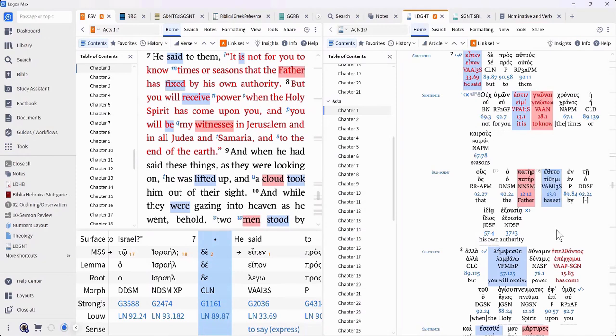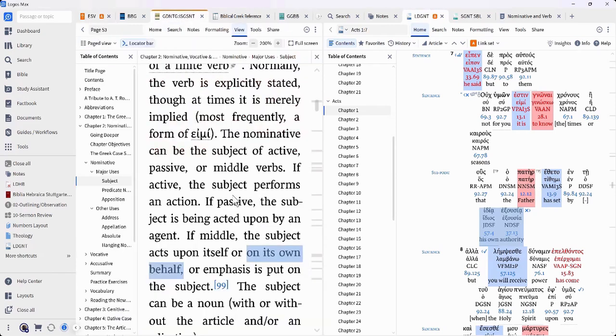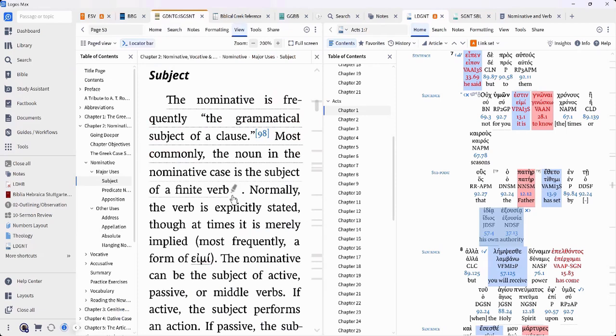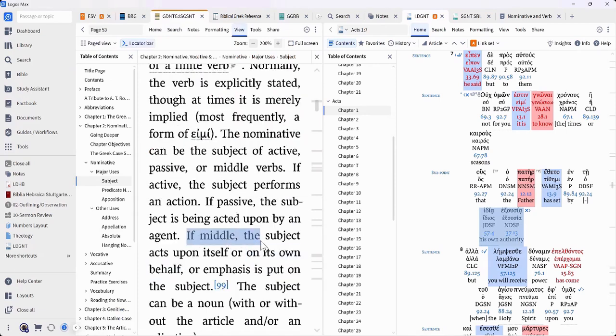middle indicative. Now the middle voice acts upon itself. So here the Father has acted in such a way that, and this is the reflexive part, by his own authority. So when we come over here, in the middle, the subject acts upon itself or on its own behalf.